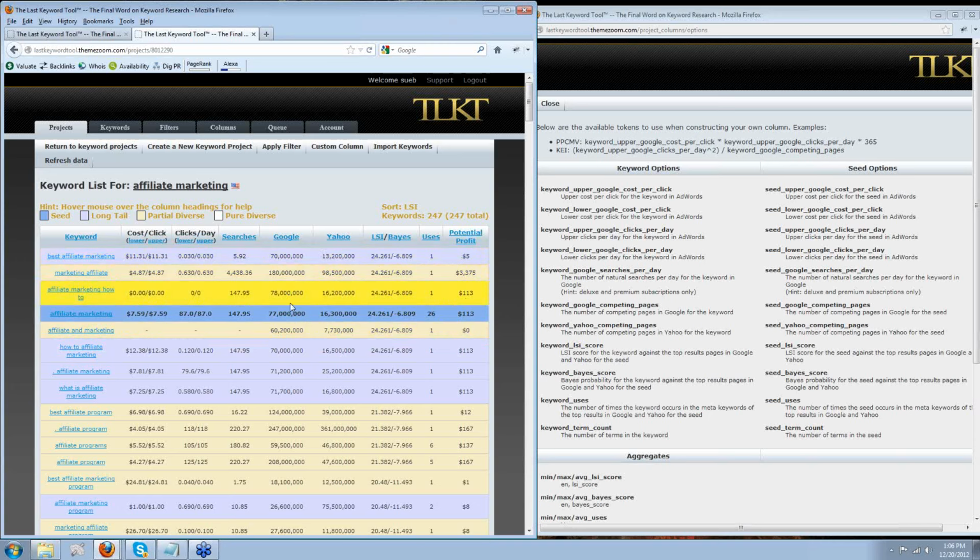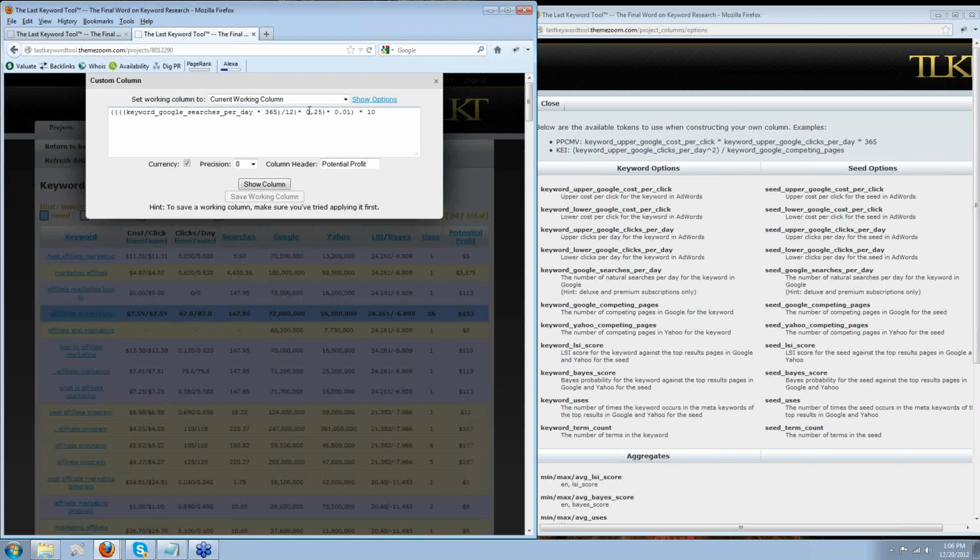The other interesting thing that we might want to do with that would be to bring in how competitive it is. If you want to look at the Google number of competing pages, or actually let's say that you are looking at an affiliate product, because that brings in a really interesting concept. You're not actually going to have those sales purchased on your site, but they're going to have to click through to the affiliate sales site.